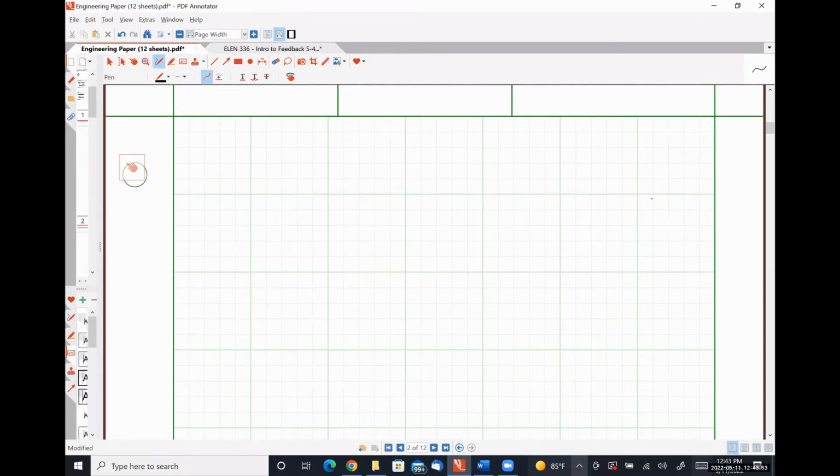Anytime we are dealing with a current input signal, then we're going to wind up connecting our feedback network in parallel. So let me try to draw this really quickly.